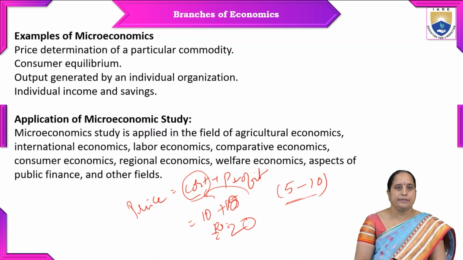Based on their capabilities and available resources, the output may vary from one organization to another. Then, individual income and savings. We can find a lot of difference in income levels, and the savings depend on what type of obligations they have in their personal life. Some people may save 10% of their income, some can save 20%, like that.